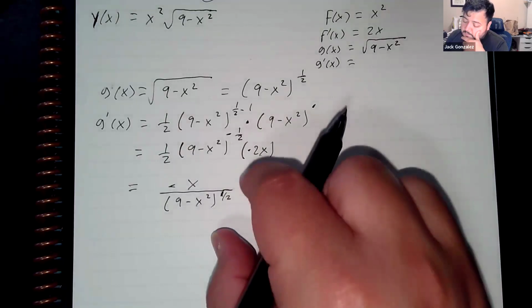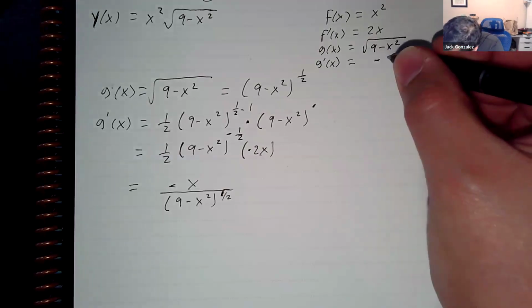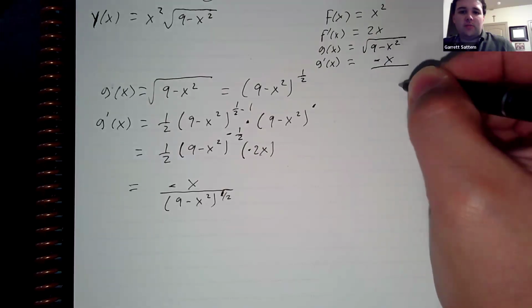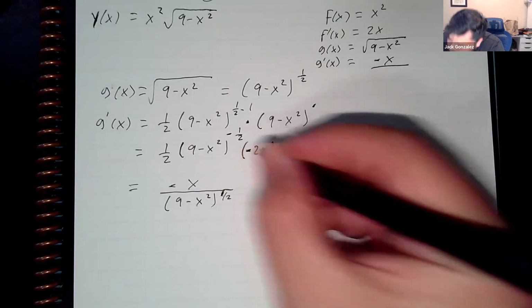Any issues with this part? I think you forgot you meant to put the multiplication dot outside of the parentheses with 2x. Oh, this is a minus.